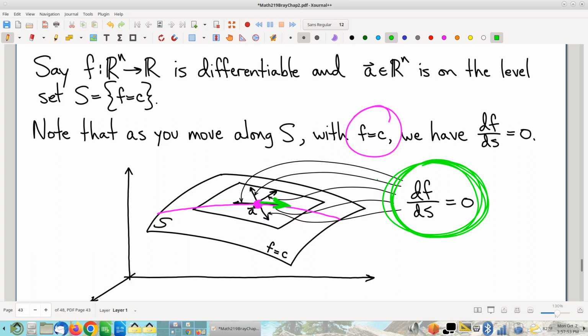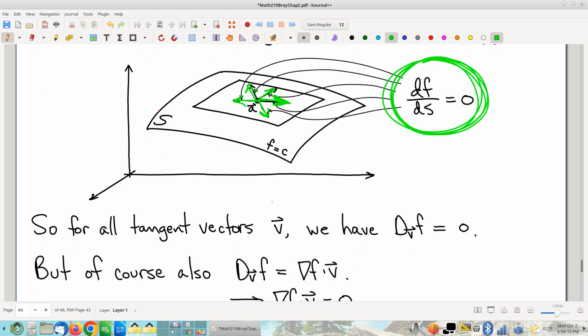And I'm going to argue that you could say likewise for any other tangent vector, whatever tangent vector you might happen to be looking at. Any tangent vector to the surface, the rate of change of f is 0. Okay, so what? Well, don't forget, df ds is what the directional derivative is.